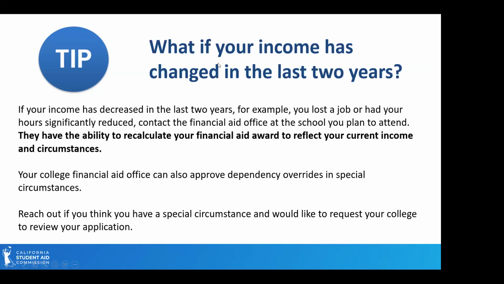So in this case, if income has decreased, there may be a way for the college financial aid office to recalculate that information to currently reflect the most accurate and, well, current information, right? So this is really, really important.